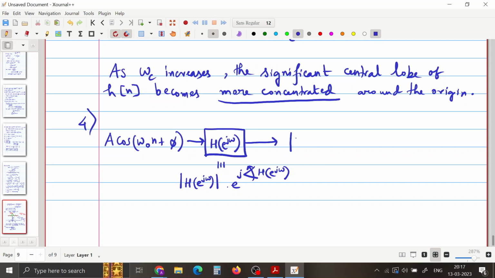Then in the output you will get a similar form as the input, with two things: an amplitude scaling and a phase shift.